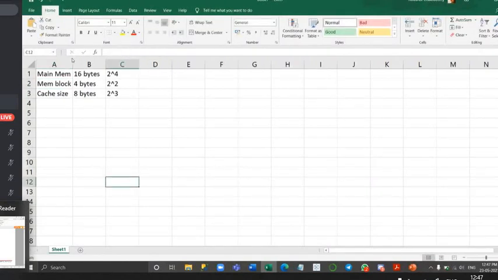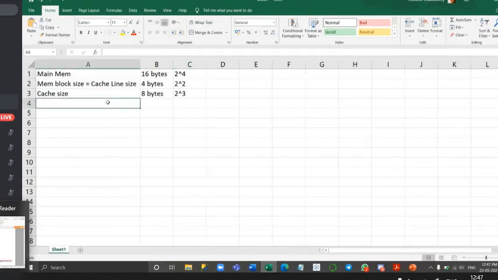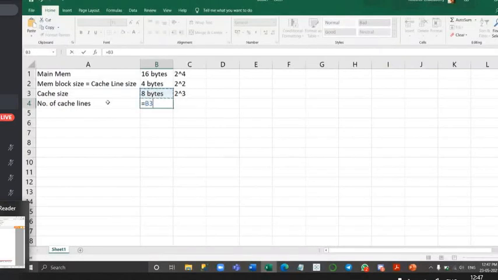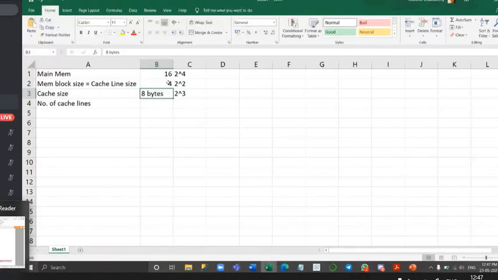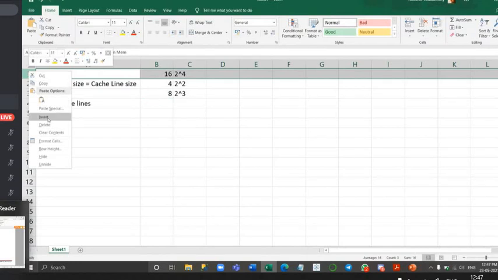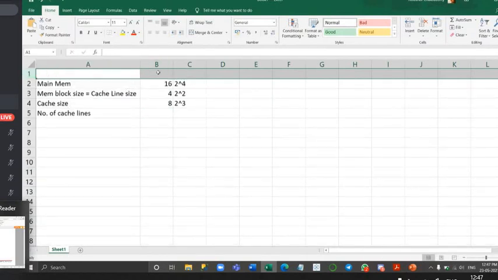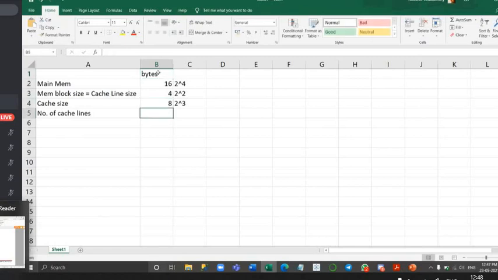So the number of lines in cache will be the cache size divided by the cache line size.